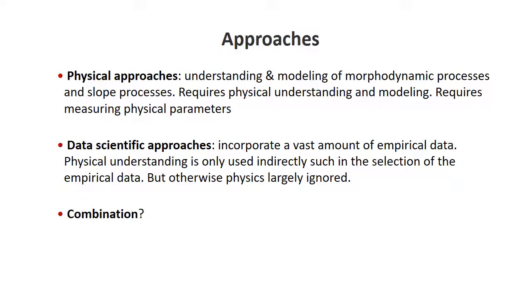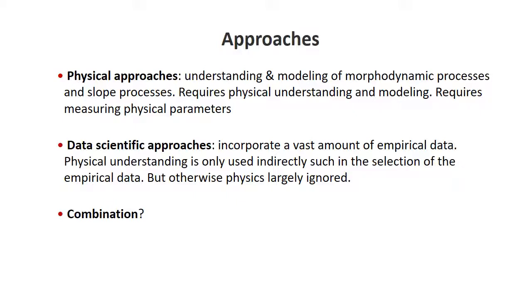So there are many approaches to doing that. There are the traditional physical approaches where we try to model the physical processes of landslides and slope stability. But of course, that requires physical understanding and modeling of the physical processes. And if we apply that to real cases, we have to measure the particular physical parameters involved in such processes, and they may themselves be subject to uncertainty.